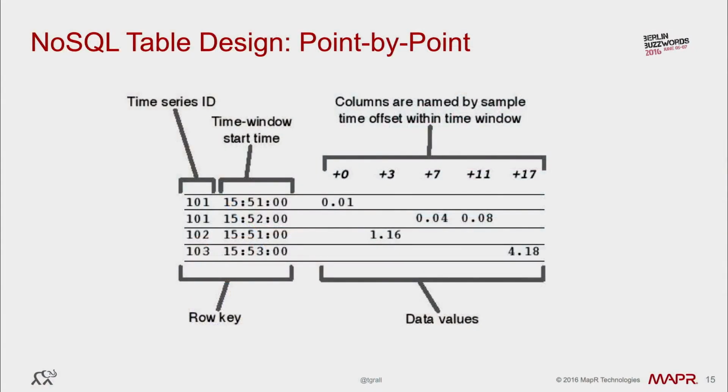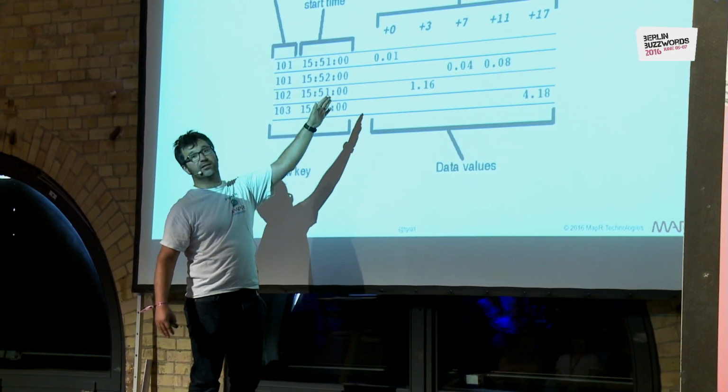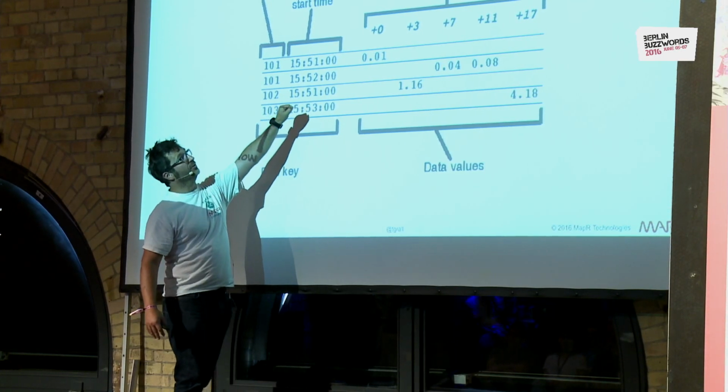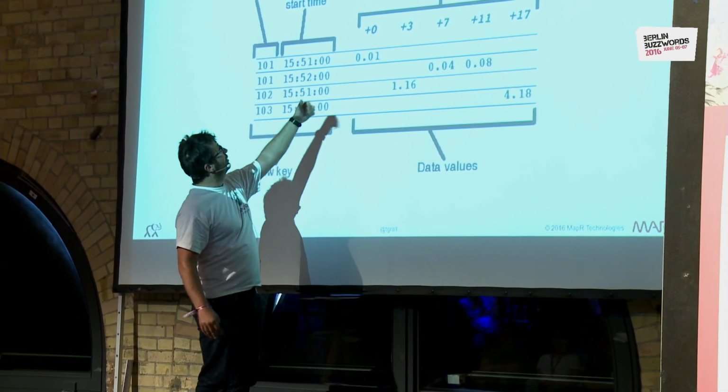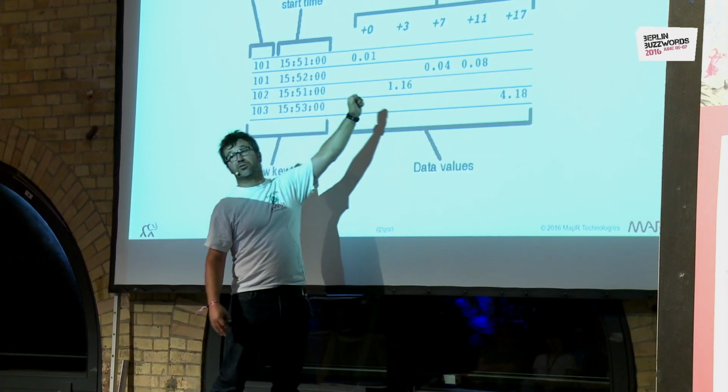In this case, you still have the sensor, but you use the time window, at least the start time of a time window, as part of the key. So for the sensor 101, at 3 p.m. 51, we start, and every time you have a new tick, you look at the number of seconds after 00, or milliseconds, depending on your application, in this case it's seconds, and you put the value.